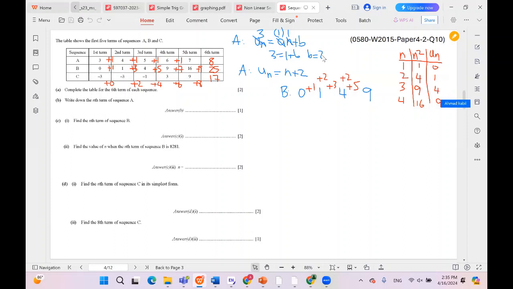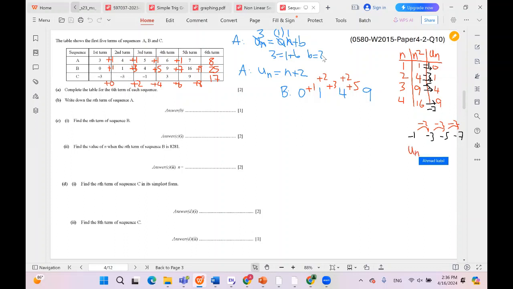So the relationship between n squared and un here would be minus 1, minus 3, minus 5, and minus 7. So our sequence here is negative 1, negative 3, negative 5, negative 7. There is a common difference here of negative 2. So we can figure out the formula for the sequence.